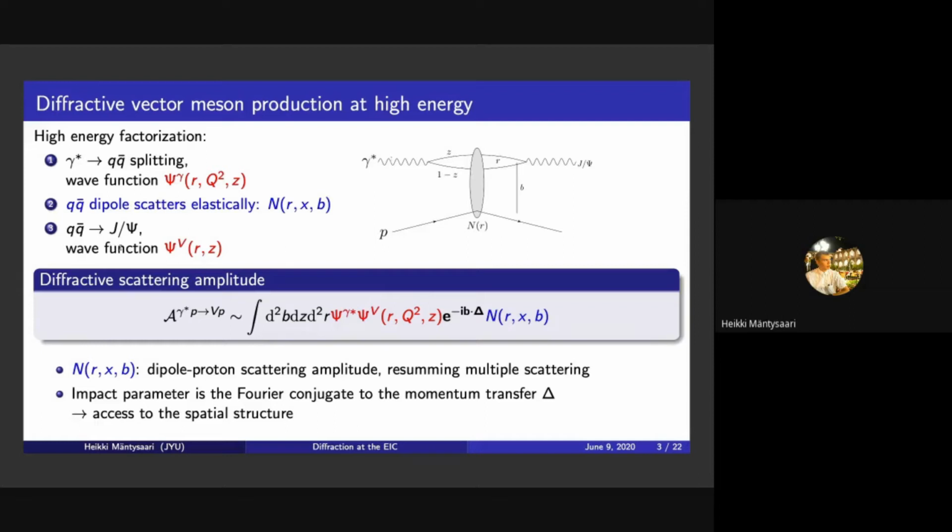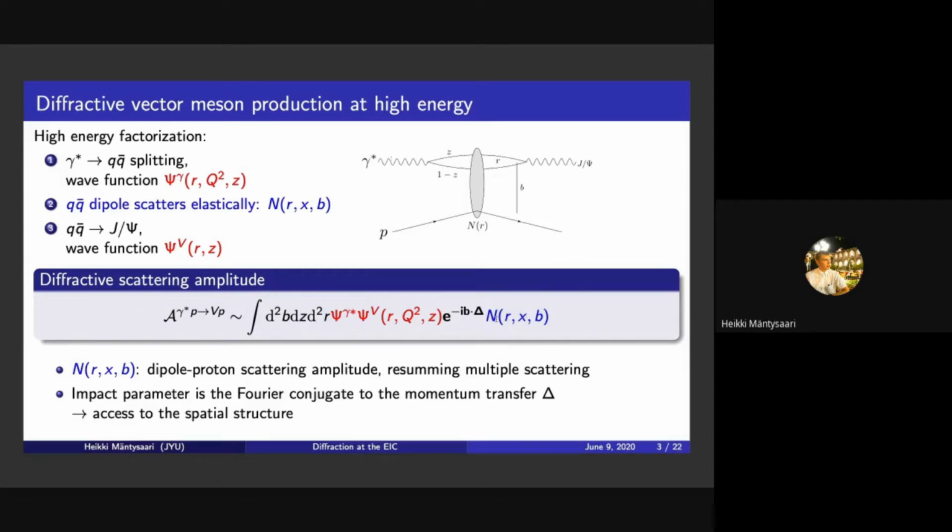It's a convolution where you have the wave functions for the photon and the vector meson, and then a part that describes how the dipole interacts with the target color field. This is something that we can describe from the CGC effective field theory. I won't go very much into those details.